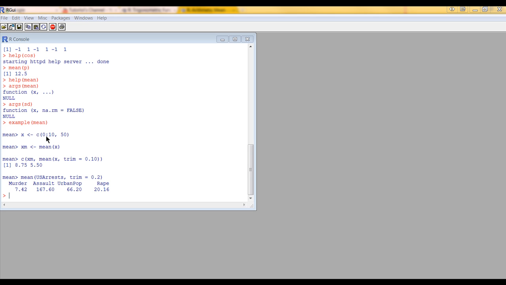Whereas without that 50, it's between 0 and 5. I think they took out the 0 also, so that we get 5.5, because the mean from 1 to 10 is 5.5, not the mean from 0 to 10. I don't think the mean from 0 to 10 is 5.5, so I think it trims both sides.